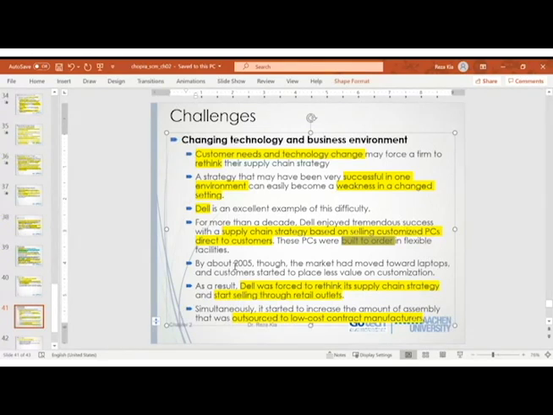So rather than shipping directly to the customer, they delivered laptops to their retailers, and then through retailers such as Emacs and some others, they could provide their product to the final customer. So you see that by changing, because of the business environment, Dell switched its supply chain from direct shipping to the customer to retailers.